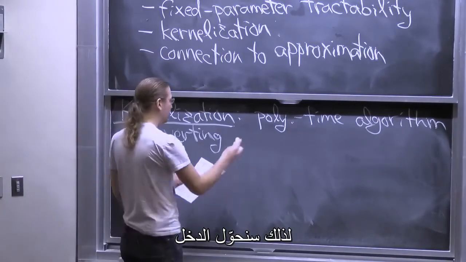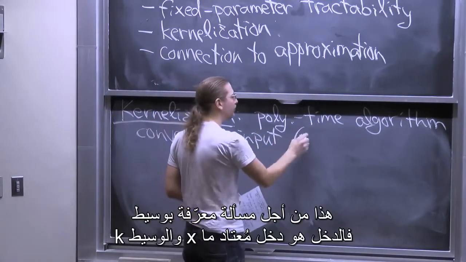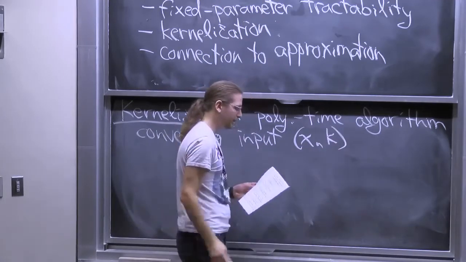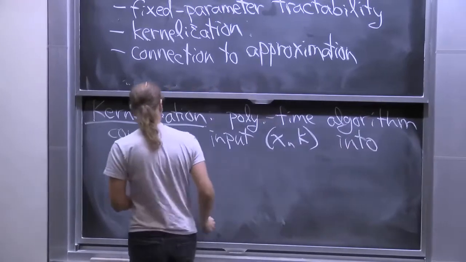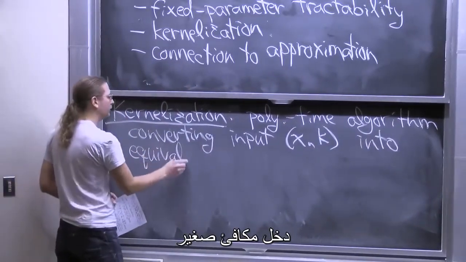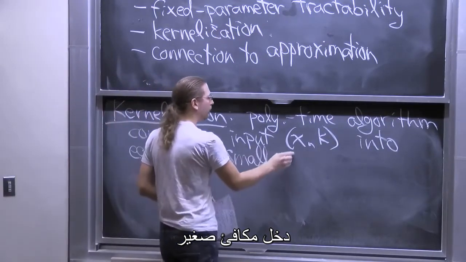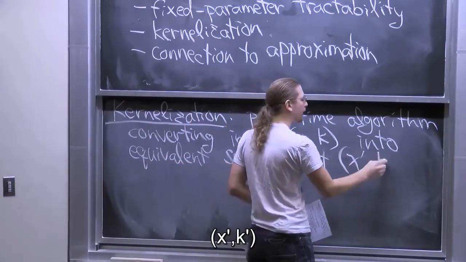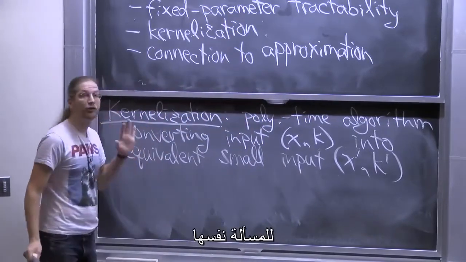So we're going to convert an input. So this is for a parameterized problem. So an input consists of some regular input x and a parameter k. And we want to convert it into an equivalent small input x prime, k prime to the same problem.